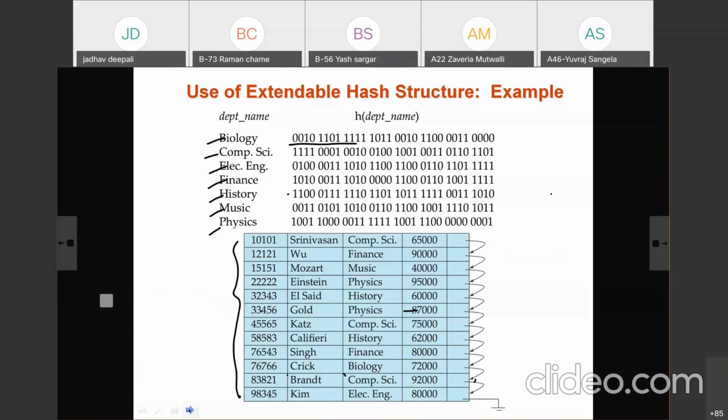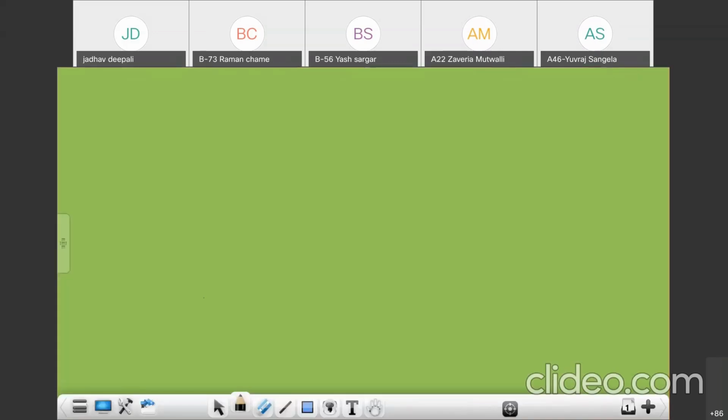Initially, I'm going to use the whiteboard here. So initially we start with i equal to 0, no buckets are there. Next we start with i equal to 1. So i equal to 1 means 2 raised to 1 is equal to 2. So in the bucket address table there are 2 entries.